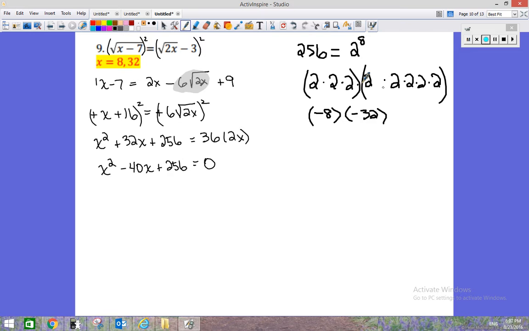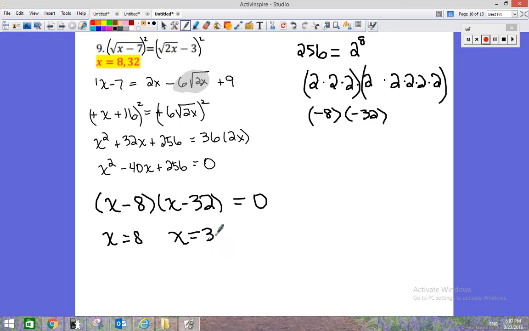So we already know that product is positive 256, and when we add them together we get the negative 40, so there it is. So we've got x minus 8. Well, I could have cheated and looked up there and saw the solution that I copied. Alright, so I get x equals 8, x equals 32, and I need to check both of those.